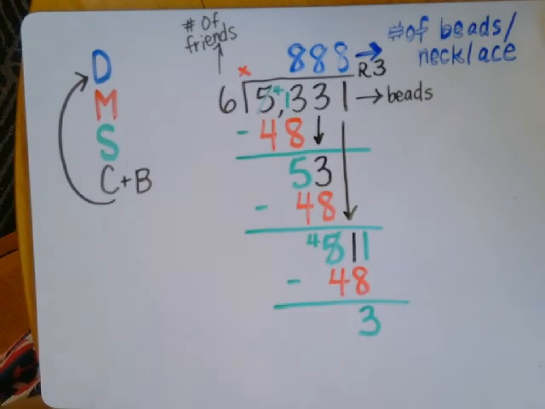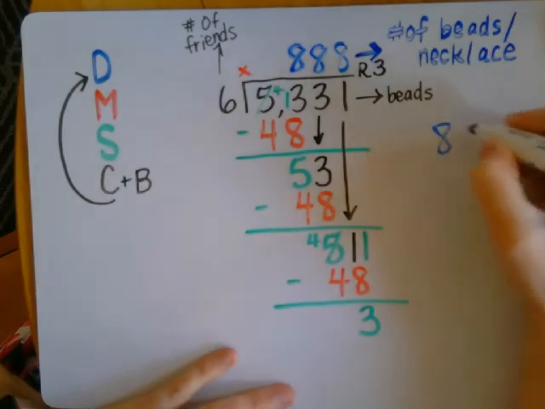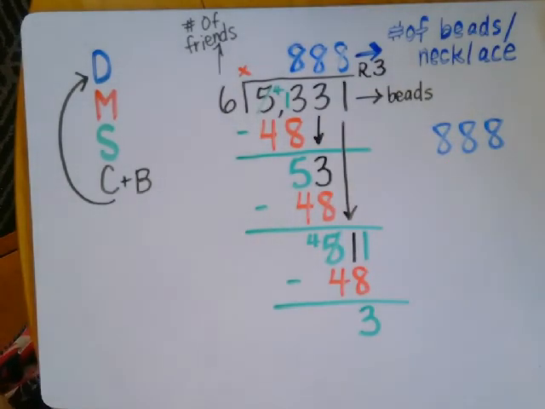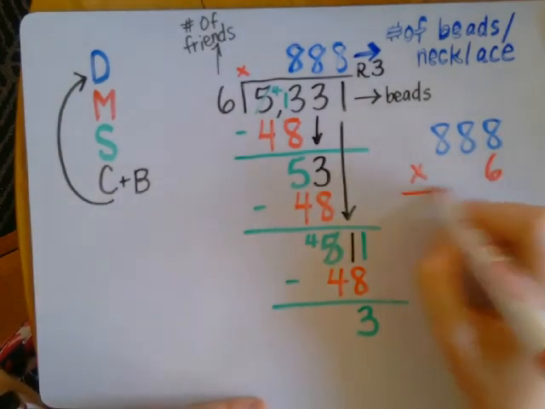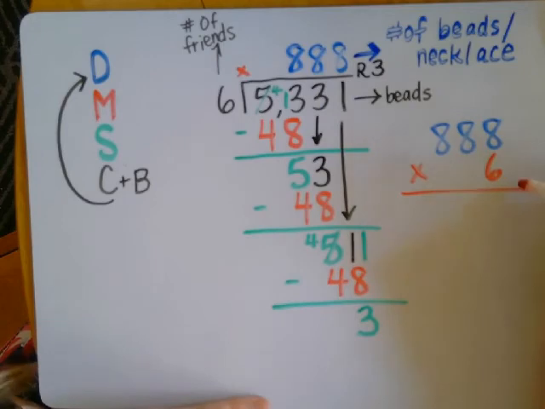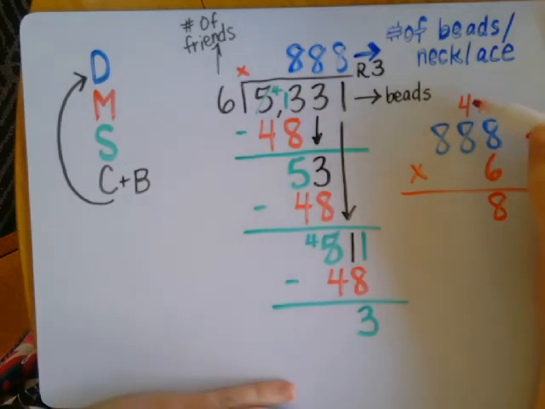Okay, our last step is to check our work. So I need to multiply 888 by 6. So 8 times 6 is 48. The 8 stays down there. The 4 goes over here. 6 times 8 is 48, plus 4 more is 54.